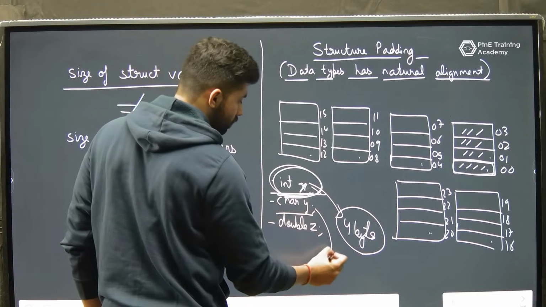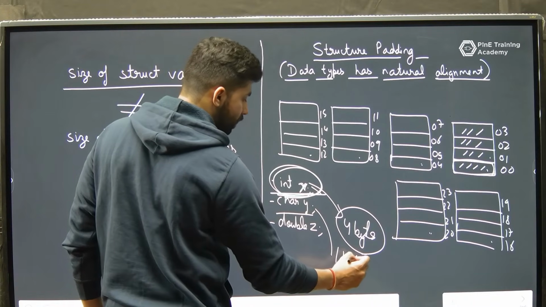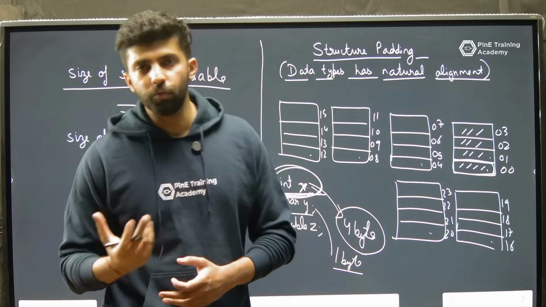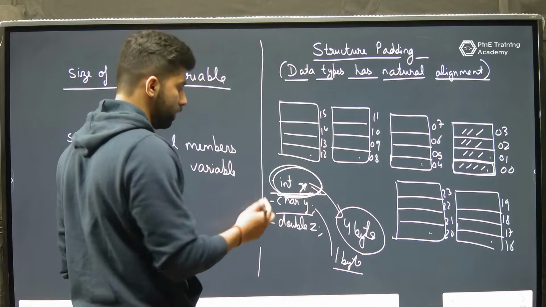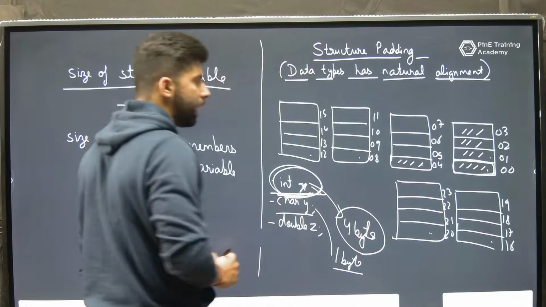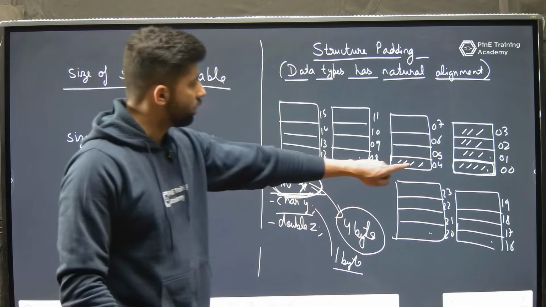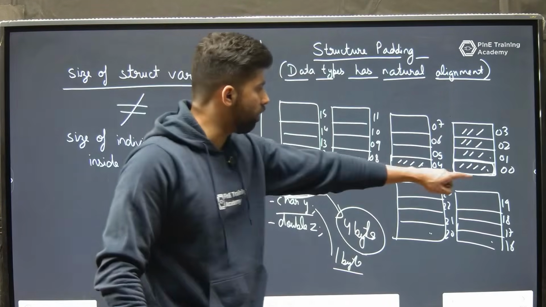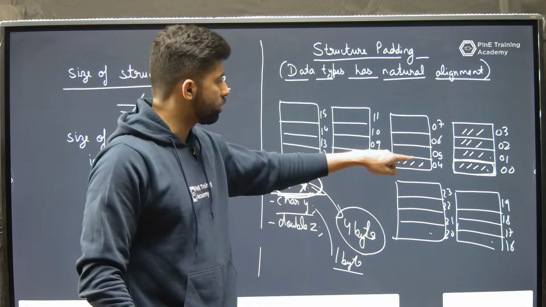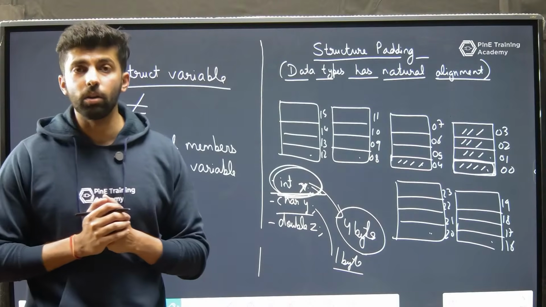Character takes 1 byte. That means it can be stored at any address which is a multiple of 1, and every number is a multiple of 1. So we store character at this position because we have already occupied this. So the next memory location available is this one. So we store character at this particular point.